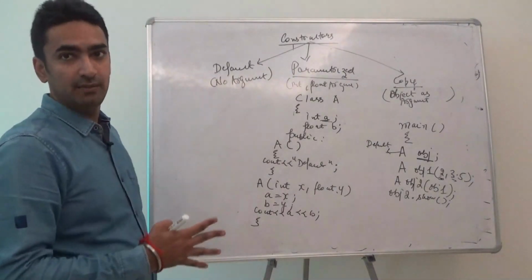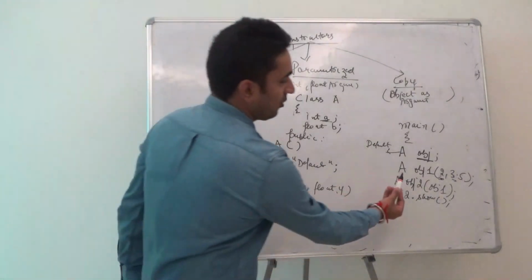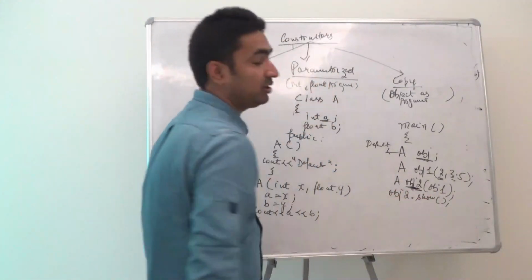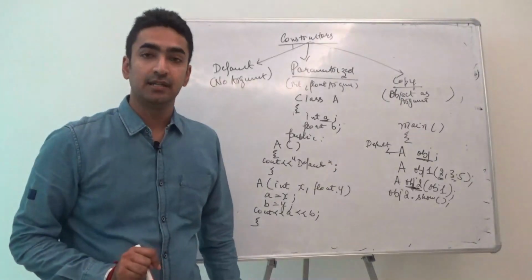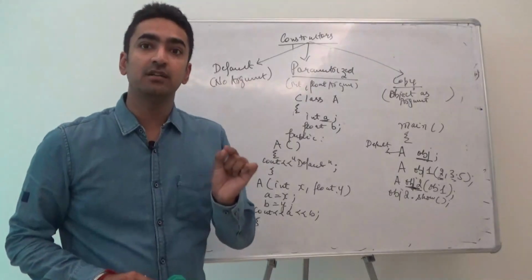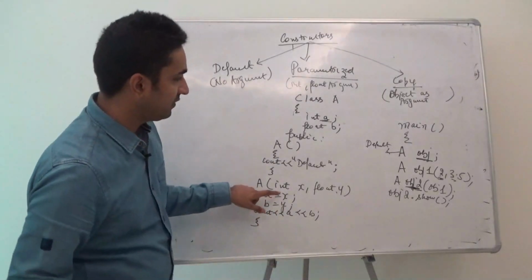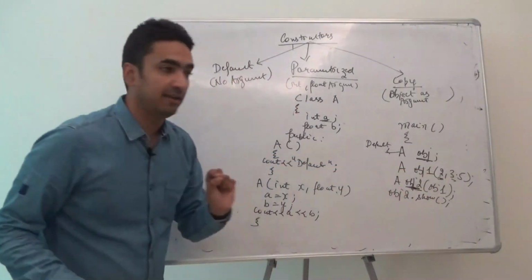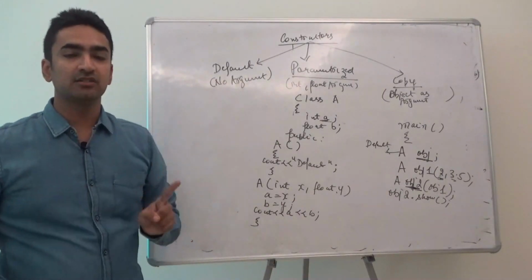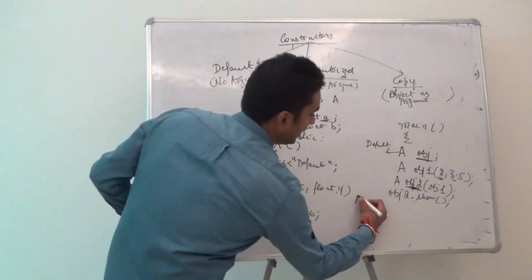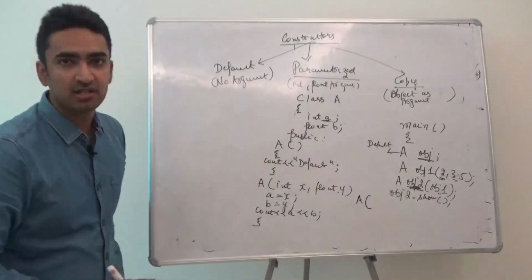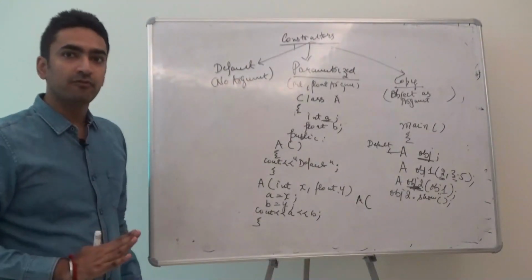Now the third important point is, just see, object 2 is declared, and over here I am putting object 1 inside it. Means object 2 will get what object 1 values are. What object 1 values are? 2 and 3.5. They will be by default copied to object 2, that is copy constructor. So what I will write? I will write A, and object 2, since object 1 is passed to it, so what is the data type of object 1?